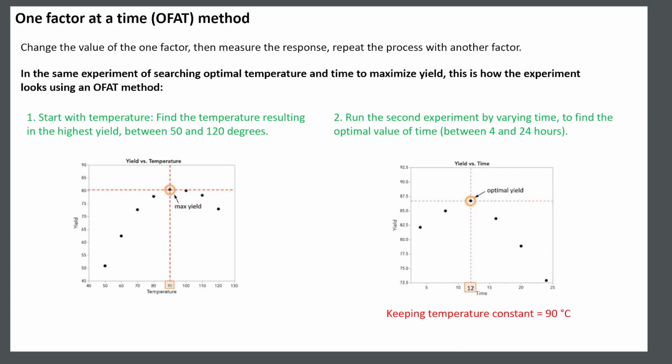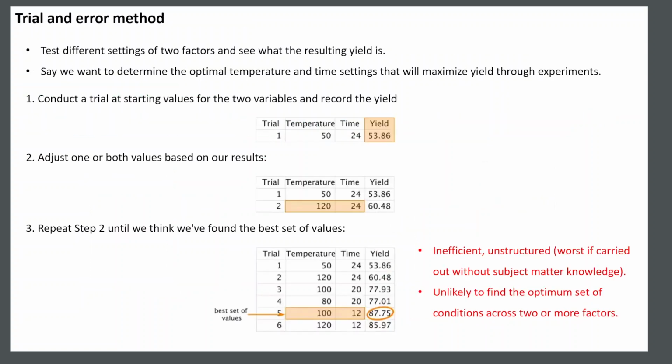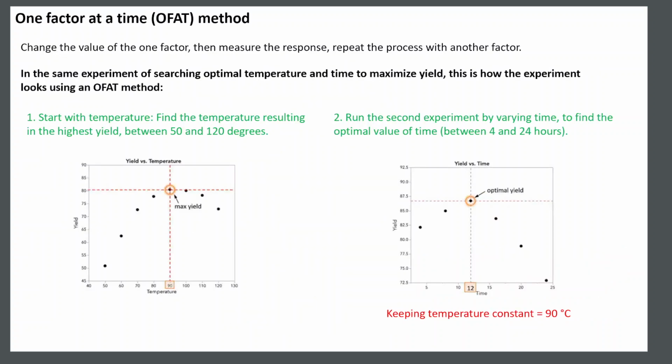So you can see clearly, compared to the previous trial and error method, where we don't have any idea how the yield is going to vary with respect to temperature, here we have a profile to see how the temperature affects the yield, and we know where the maximum yield is achieved. This helps in understanding the highest yield between 50 and 120 degrees Celsius, and how the yield varies with temperature.